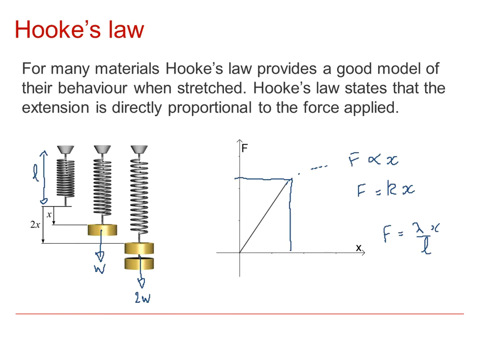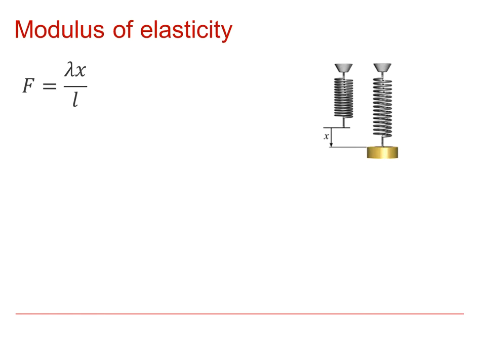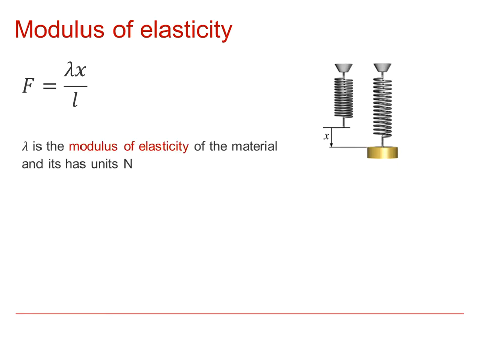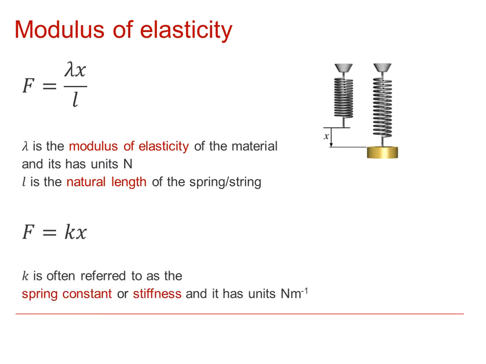So k is equal to lambda over L. Lambda is called the modulus of elasticity, and it has units of newtons. We could think of that as F is equal to kx, where k is referred to as the spring constant, or stiffness, and that has units of newtons per meter.